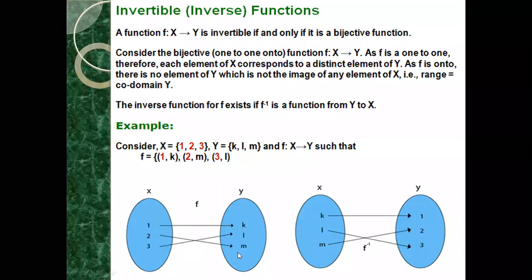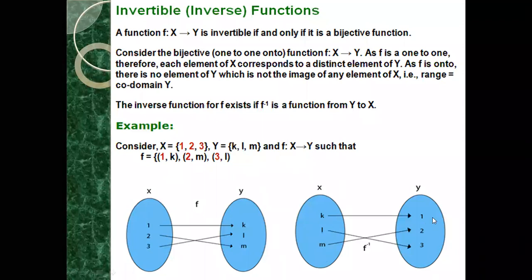This is the given function. For the inverse function, the domain and codomain will be changed, so y to x: k, l, m to 1, 2, 3. Then the mapping f inverse is k comma 1, m comma 2, l comma 3.